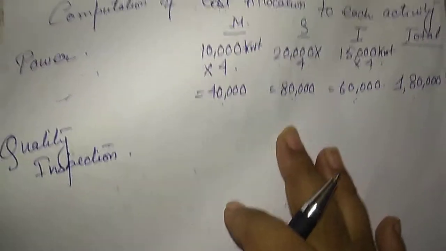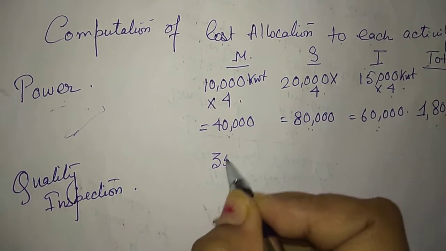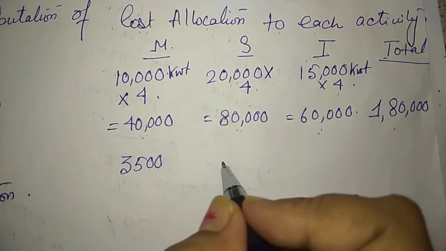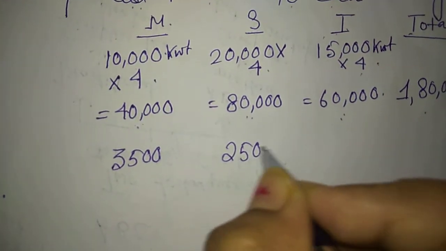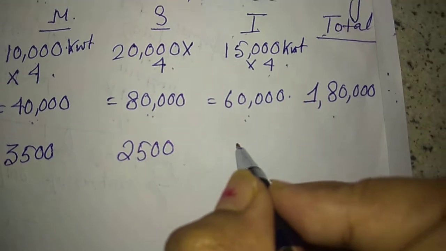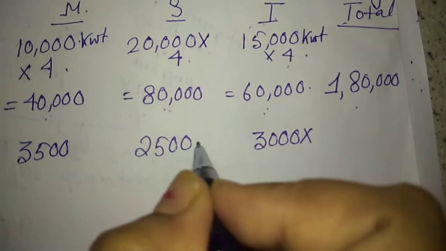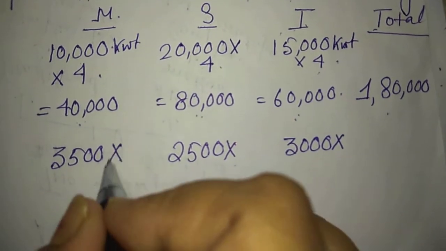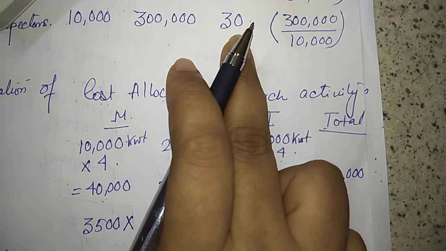For product M, we have inspected the quality 3,500 times. For product S, we have inspected the quality 2,500 times. For product T, we have inspected the quality 3,000 times. Each time I inspect the quality, I pay rupees 30.